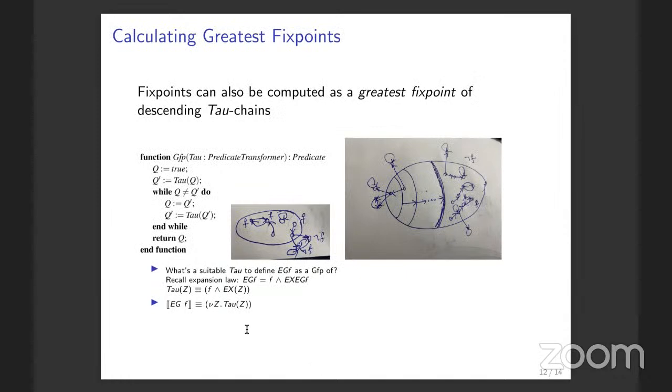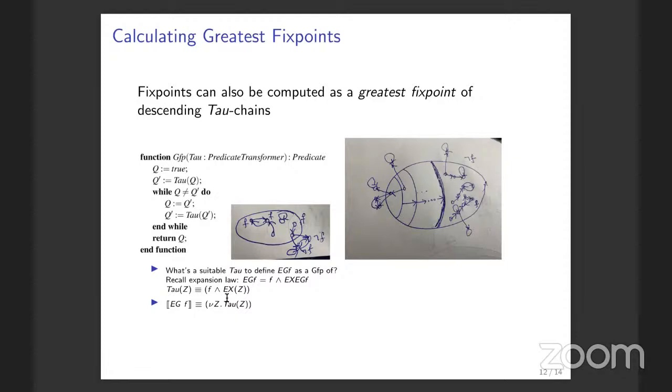Now you could see all the rest of the formulas, AG, you can express them either as least fixed points of a suitably defined tau, or a greatest fixed point of a suitably defined tau, the descending chain. For the greatest fixed point, every time you apply it, you are getting a smaller set.